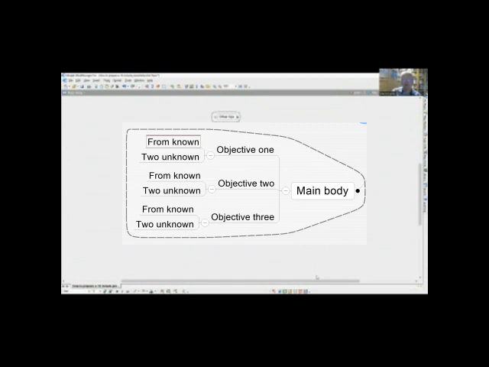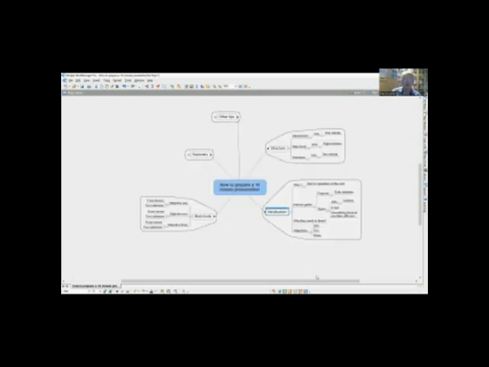They will have a secure feeling, having started with something that they know, and you can then gently take them from the known to the unknown. And you do this for each of your topics within the main body.